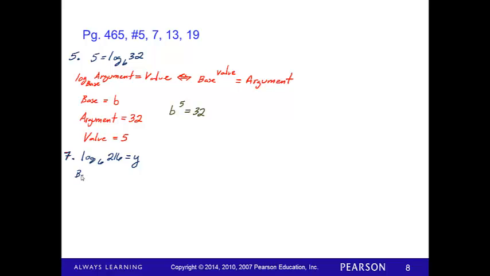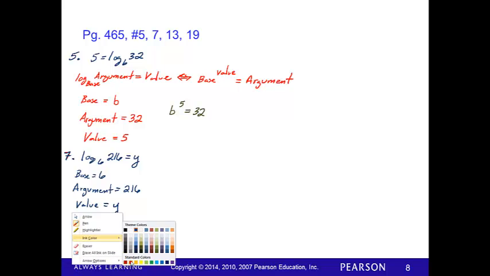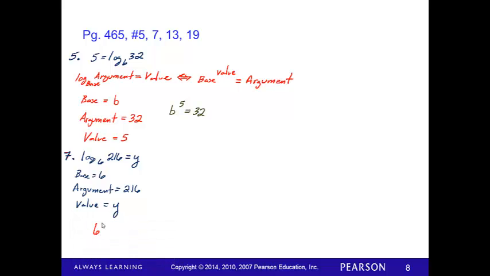So again, the base is 6, the argument is 216, and the value is equal to y. So you should come up with 6 to the y power equals 216.